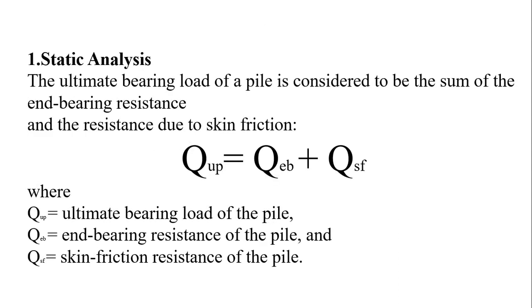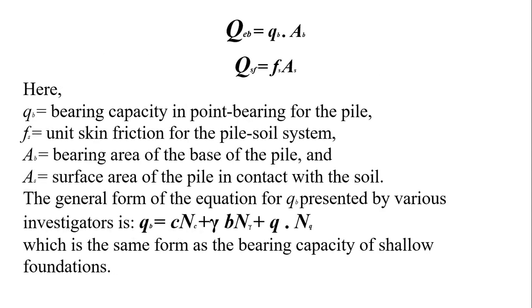Let us first study static analysis. The ultimate bearing capacity of the pile is the summation of end bearing resistance and skin friction. That is, the ultimate bearing capacity Q_UP is equal to end bearing resistance plus frictional resistance. End bearing resistance can be calculated by Q_B into A_P.